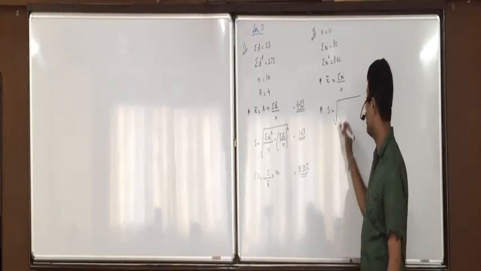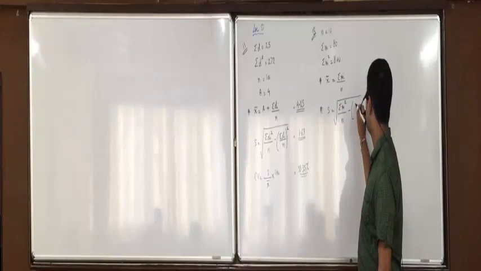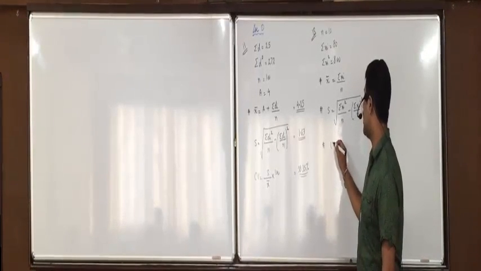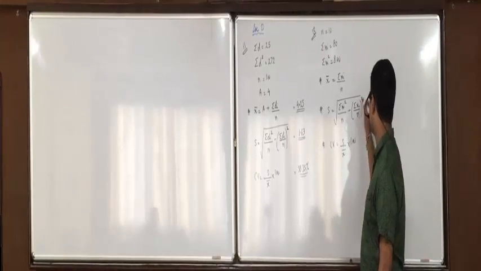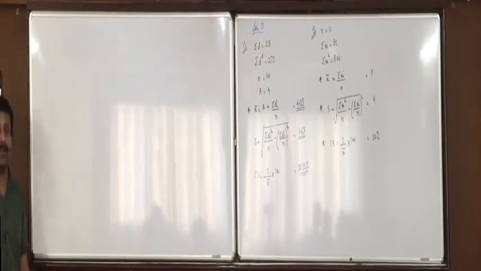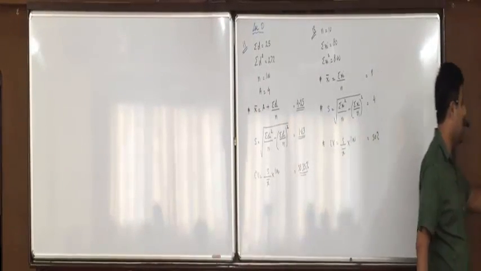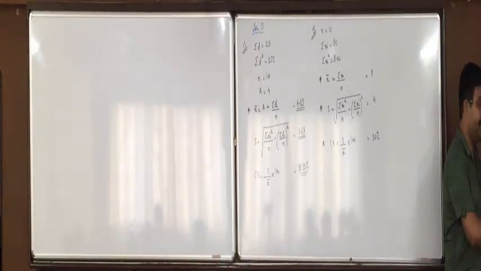Sigma xi square upon n minus sigma xi upon n whole square. And then CV is S upon X bar into 100. Start solving it. Again, it is formula based only. Completed? Getting these answers?